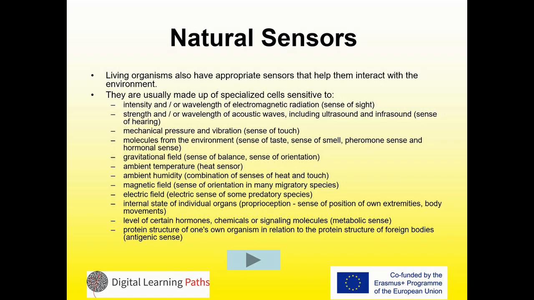They are usually made up of specialized cells sensitive to intensity and/or wavelength of electromagnetic radiation, strength and/or wavelength of acoustic waves, including ultrasound and infrasound, mechanical pressure and vibration, molecules from the environment, sense of taste, sense of smell, pheromone sense and hormonal sense, gravitational field, sense of balance, sense of orientation, ambient temperature, ambient humidity, magnetic field, electric field, internal state of individual organs, level of certain hormones, chemicals or signaling molecules, protein structure of one's own organism in relation to the protein structure of foreign bodies.